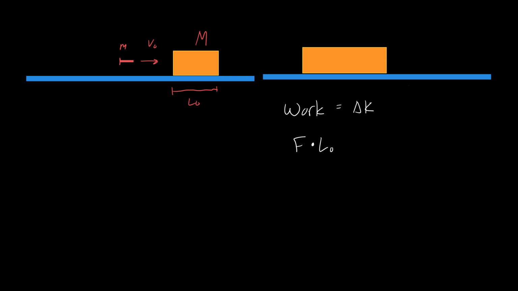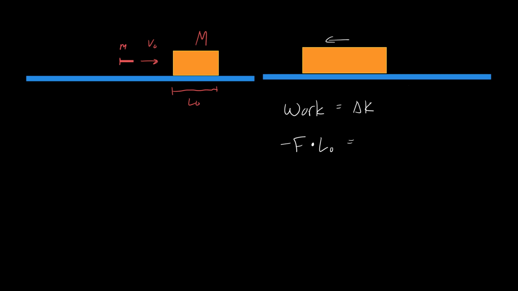Right? This is how much work had to be done because the force on the bullet occurred while it was passing through the block. This work is also negative because the force on the bullet is in this direction while the bullet is traveling to the right through the block. Right? So it's F times L times cosine of 180. Does that all make sense?